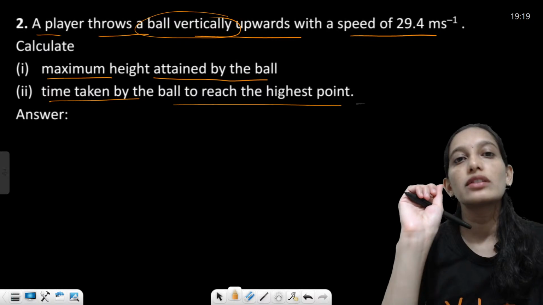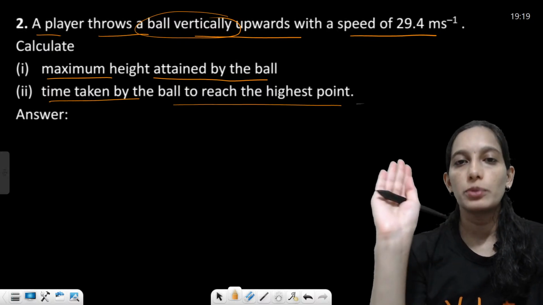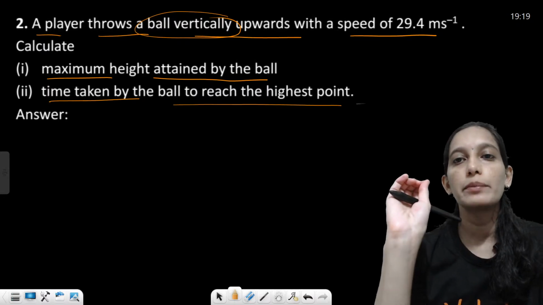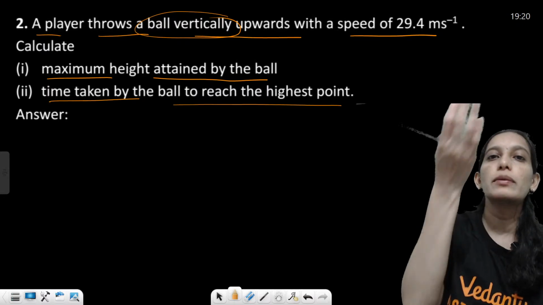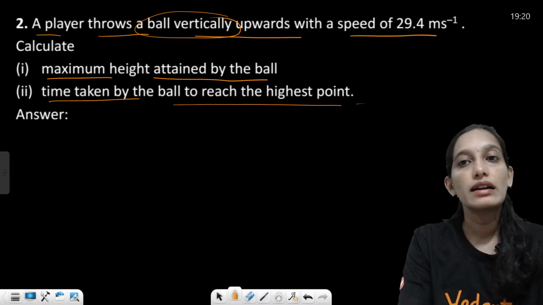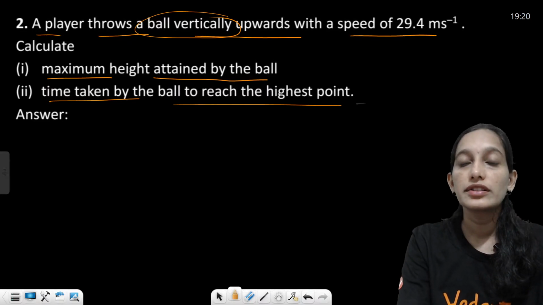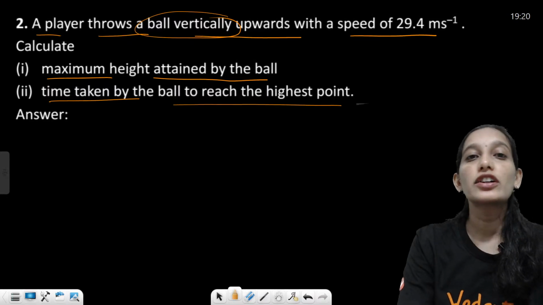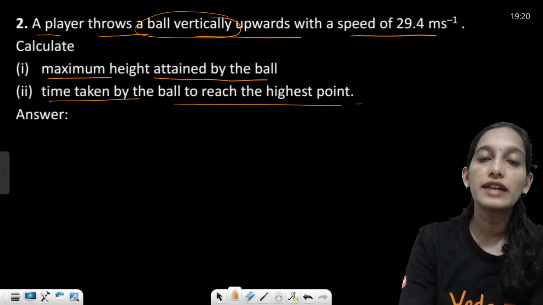So if there is a phrase like vertically thrown upwards or vertically upwards, it's a one-dimensional case, where you just throw up and the ball is completely under the effect of gravity. That point should come to your mind. It's not a 2D problem, it should be a 1D problem. That you have to identify first.